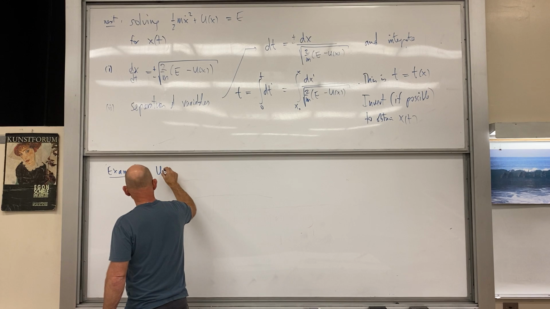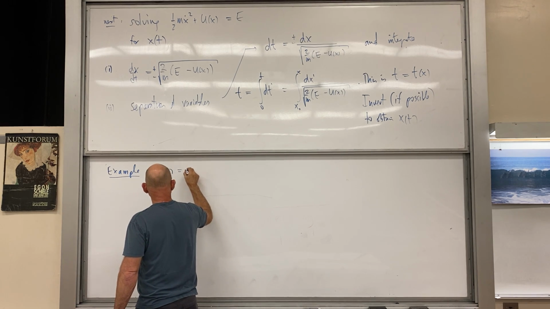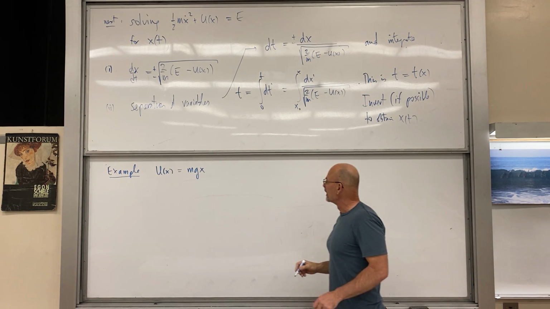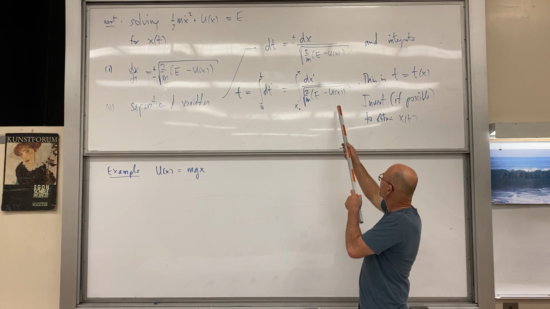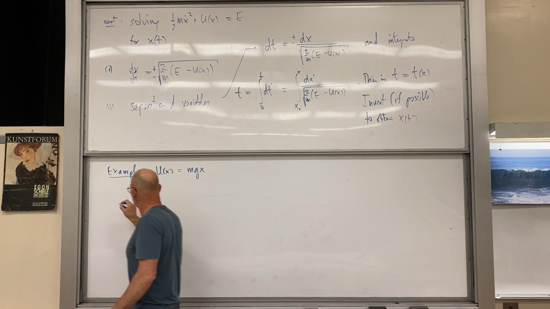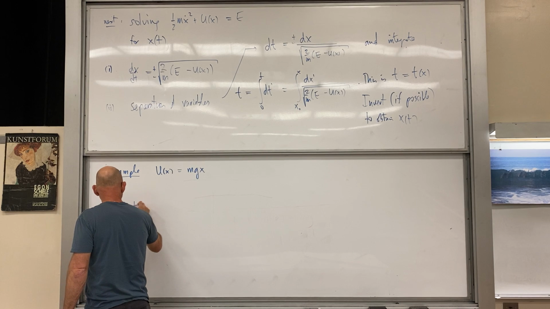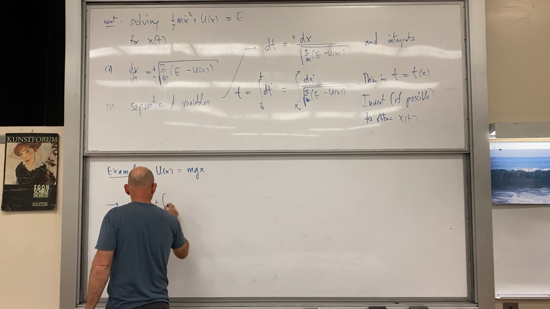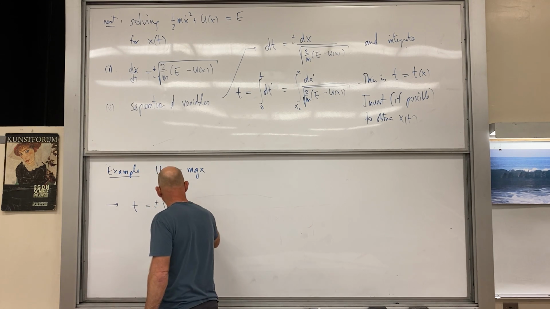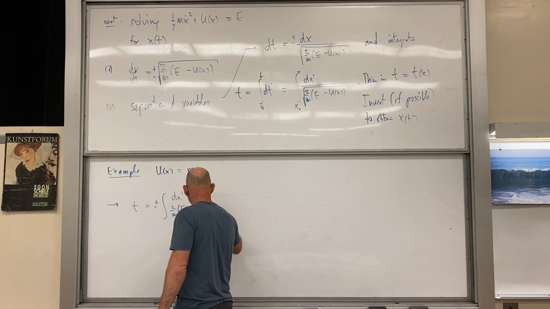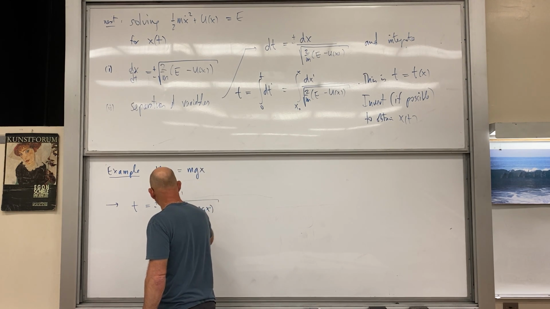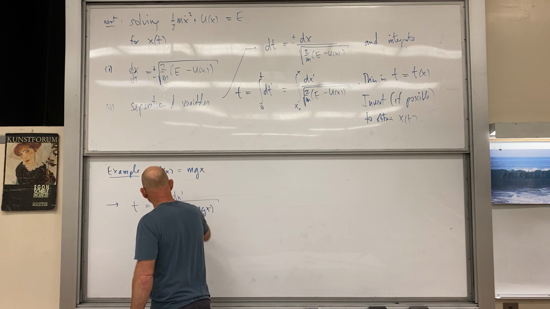We're just going to take u of x is equal to mgx, okay? And we'll go into this integral here. And we get t is equal to plus minus integral dx prime 2 over m e minus mgx square root, we'll prime there, x0 to x.